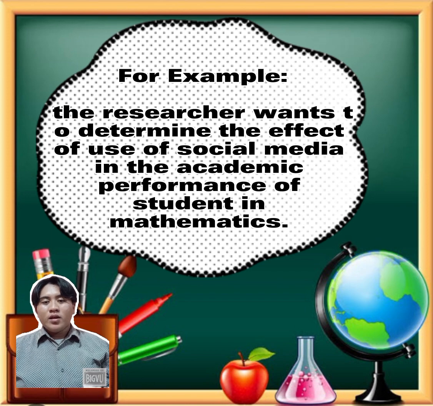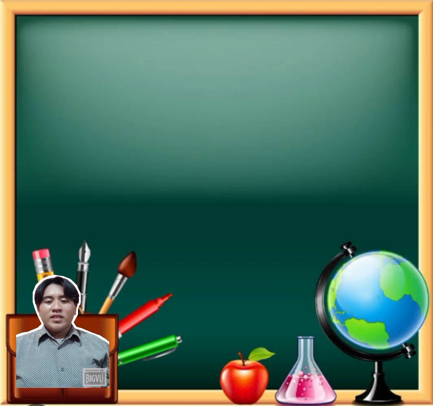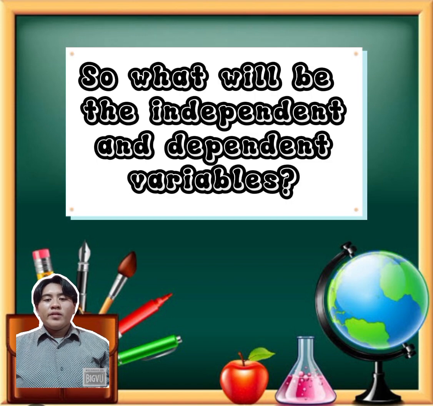For example, the researcher wants to determine the effect of the use of social media on the academic performance of students in mathematics. So, what will be the independent variable and dependent variable?